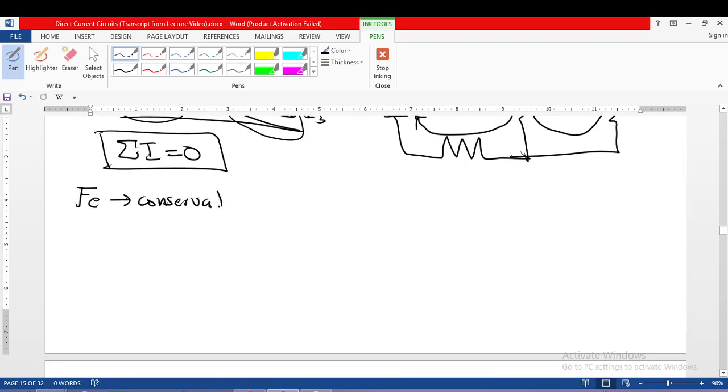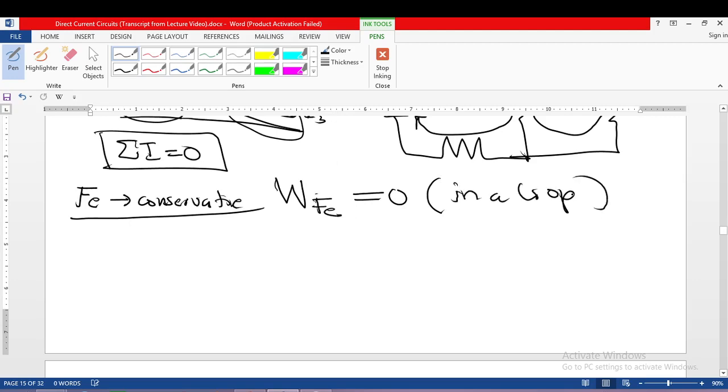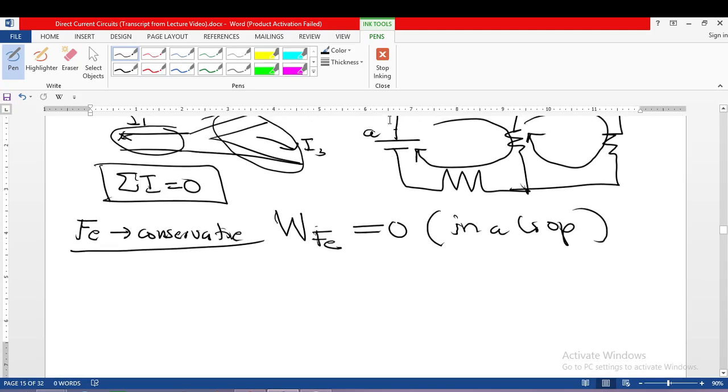So, if it is conservative, then the work done by the electrostatic force is equal to 0 when you are going back in a loop. Meaning that when you add all the voltage changes in the loop, the work done is equal to 0, or the energy is equal to 0. Okay, so that is our analogy here.